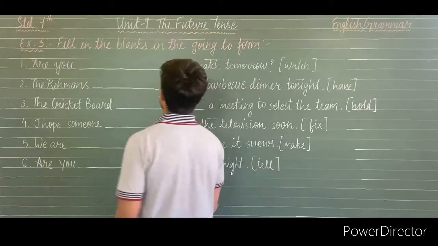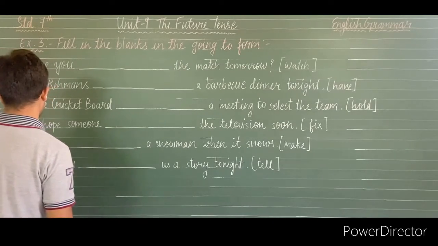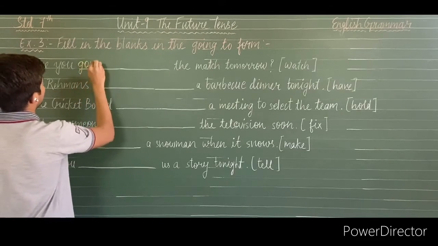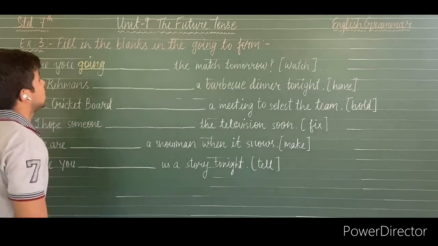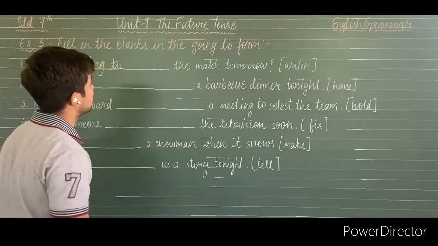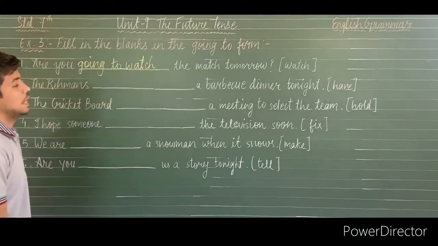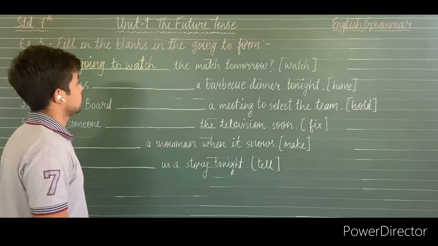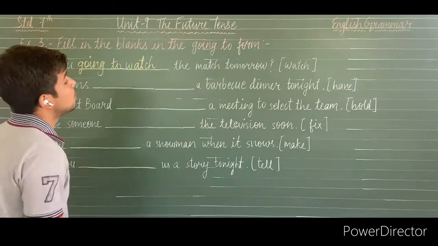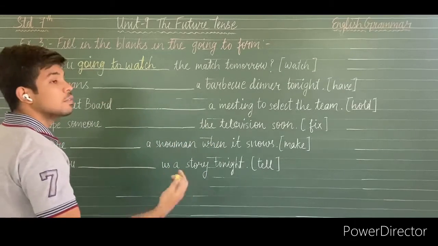So first, are you going to watch the match tomorrow? This is the first one. We have used the going to form of the verb watch. Are you going to watch the match tomorrow? And this represents the future tense.